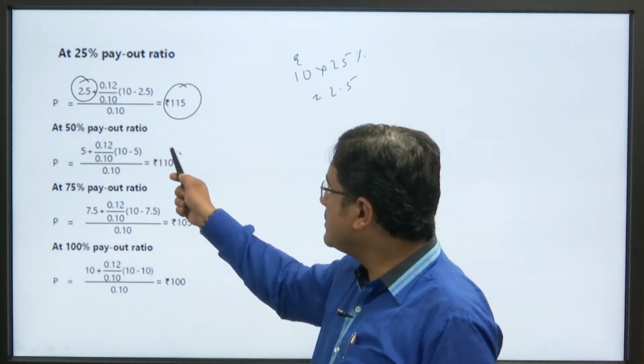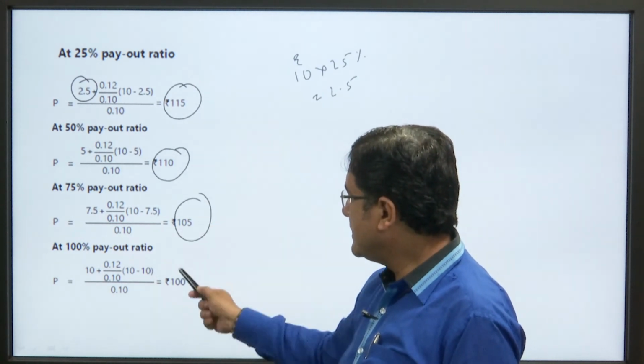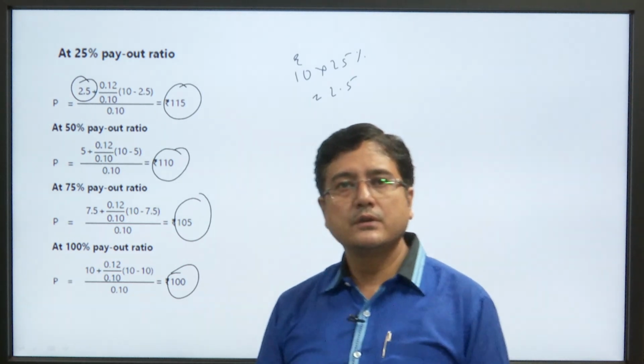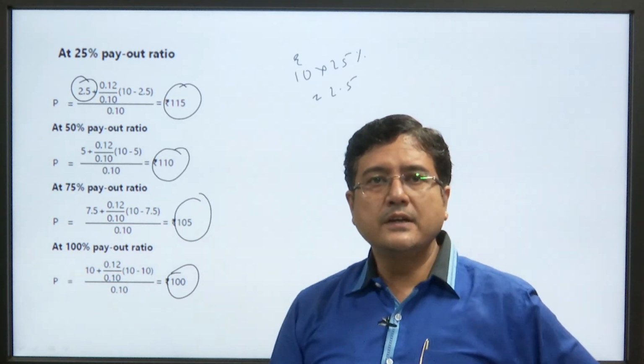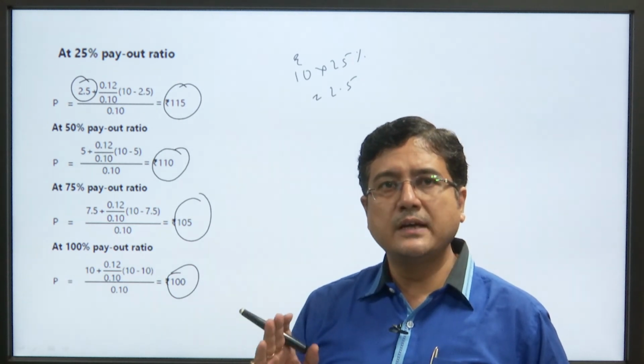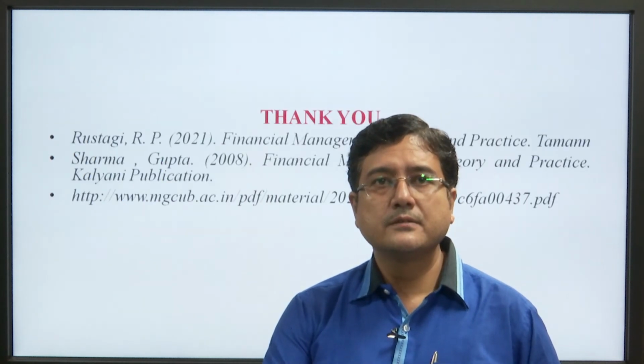At 50% payout, the price decreases to 110, then 105 and 100. These are the new prices for the different payouts. So, payout has an effect on pricing, and through this we can prove that.